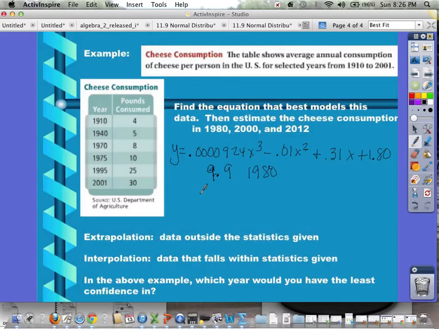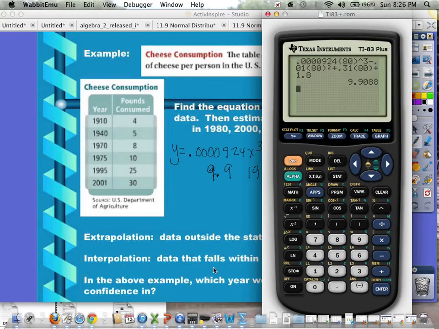All right, so then I'm going to do the same thing for 2000. So I'm going to go back to my equation. Remember, I told you hit second enter and go back and change anything you want to without typing all that mess. Now, because I have 3 digits I want to put in, I'm going to hit second insert, and I'm going to have 100. So I do the same thing for the next one.